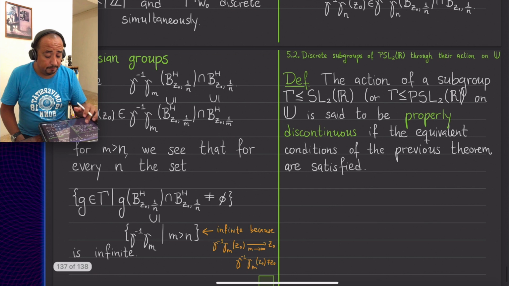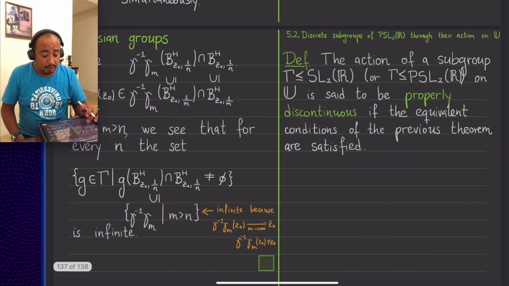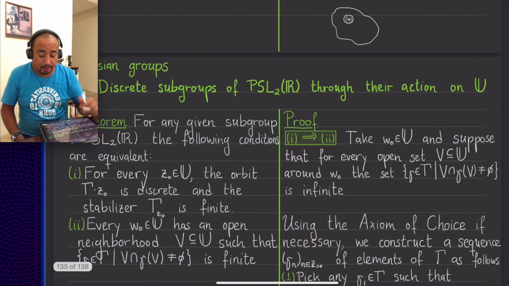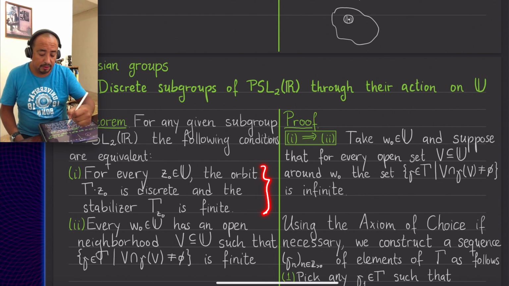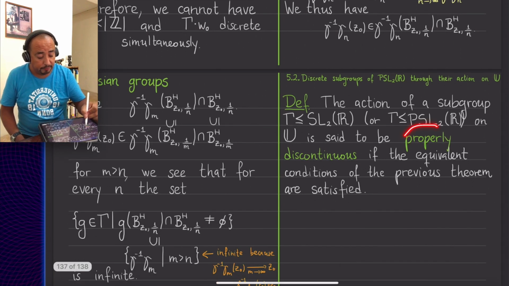Anyway, these types of actions, namely when the orbit is discrete and the stabilizer is finite, that all stabilizers are finite and all orbits are discrete, it's called properly discontinuous.